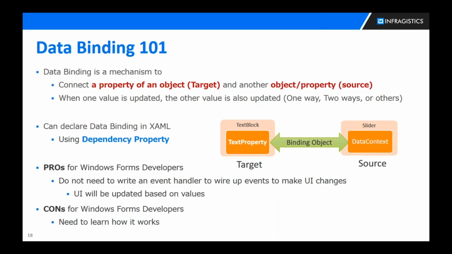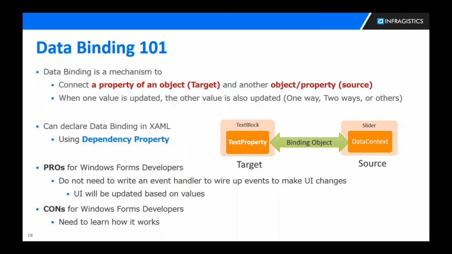Also, this data binding can be declared in XAML. So you don't have to write C# code or VB code in order to make it happen. Actually, Windows Forms supports data binding as well, but you have to write a lot of code. If you use XAML, it's going to be very easy to make two objects connected. So I would say a pro for Windows Forms developers is that you don't need to wire up events for your UIs.